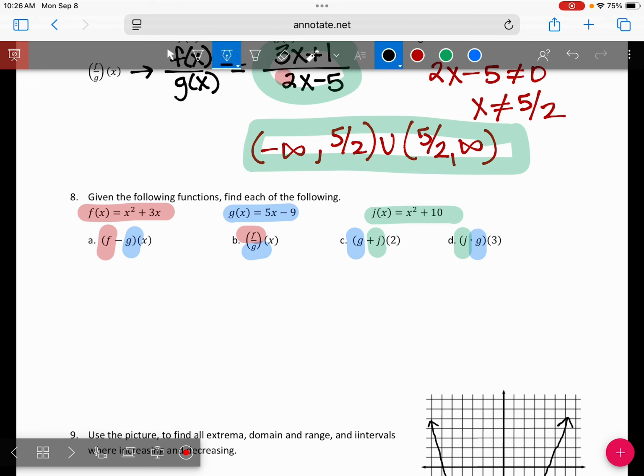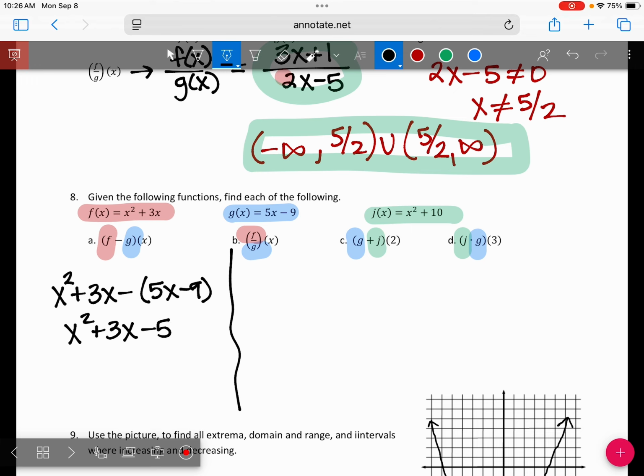So f minus g would be x squared plus 3x minus g, which is 5x minus 9. Now we're going to distribute because it's subtraction. And when I combine my like terms, I get x squared minus 2x plus 9.